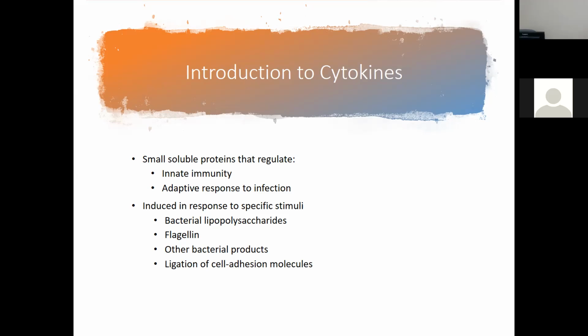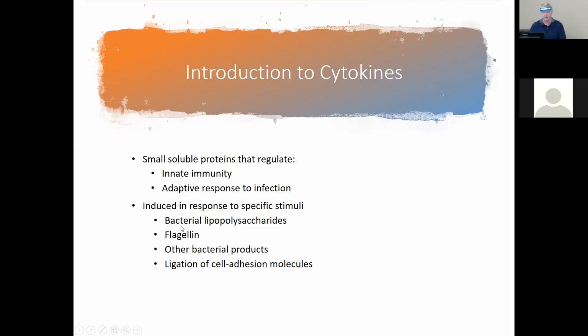So cytokines, these are the communicators. We have them in the innate immunity and we have them in the adaptive immunity, so they play a role in both. And we've had them said in both, and we've had them on charts in both. So they're small soluble proteins. They can regulate the innate immunity and the adaptive immunity. They're induced in response to stimuli.